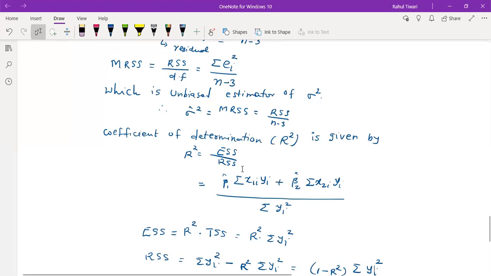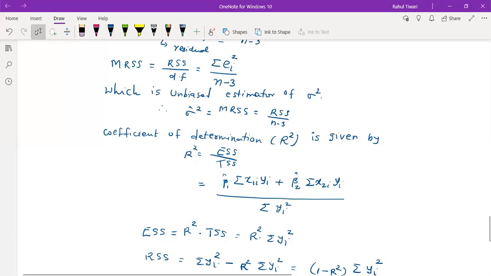yi square. Now from where does yi square come here? Sorry, this is the total. I think this is total. This is not a correction. This is TSS. So TSS means it is summation yi square, right?